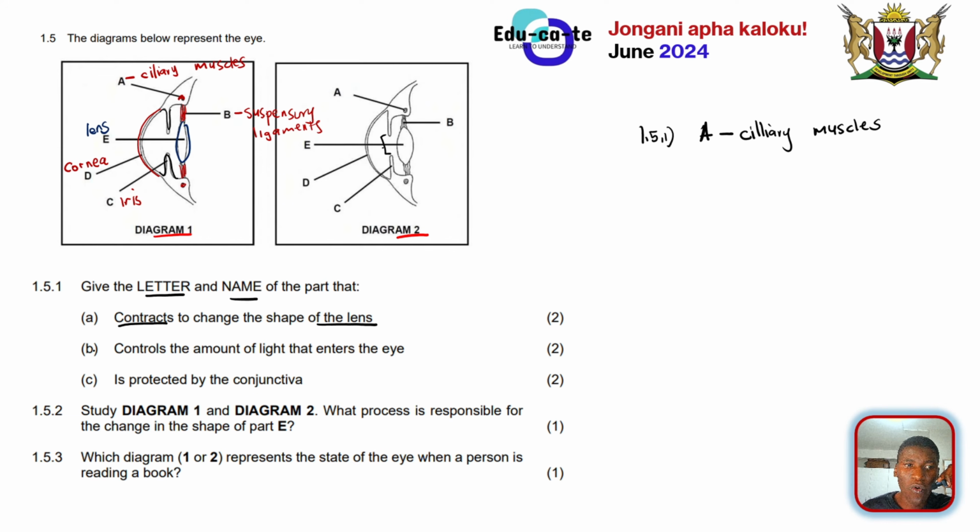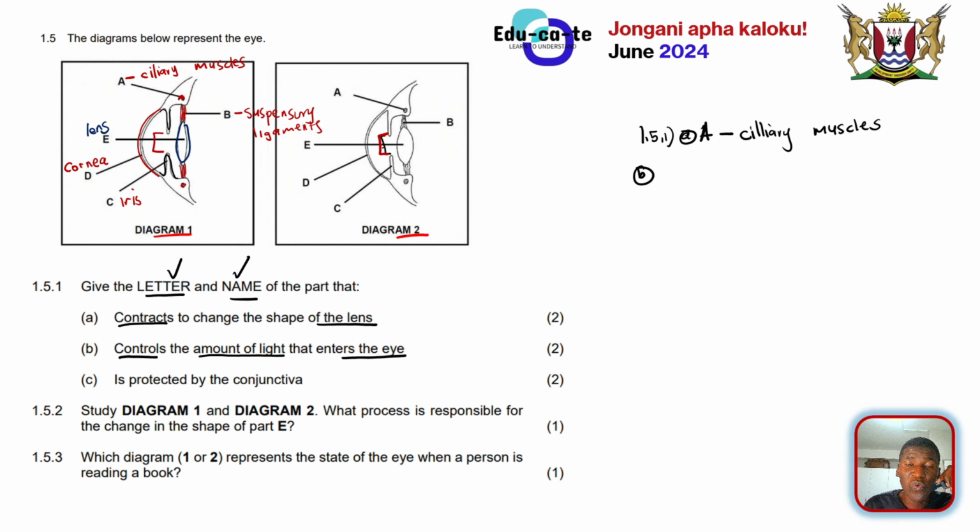And then B says give the letter and the name of the part that controls the amount of light that enters the eye. So this is more like a pupillary mechanism. Remember that here we're not given a front view of the eye, and we cannot see a label for the pupil, because the pupil is this small space here, and according to our diagrams it is not labeled at all.